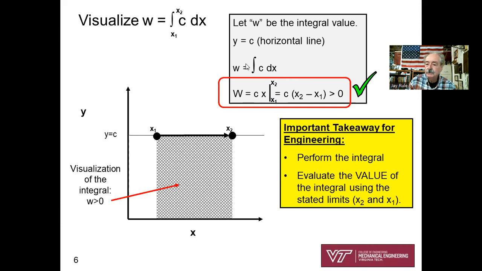Well, that's just x, right? So next step, w is equal to c, the constant, times x evaluated from x1 to x2, or c times the quantity x2 minus x1. So that's going to be some number bigger than 0. All right, and then here's our visualization.